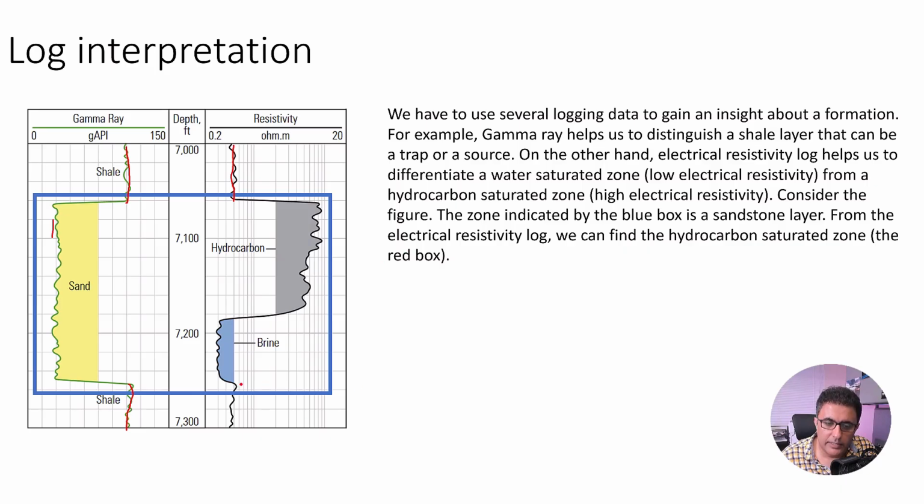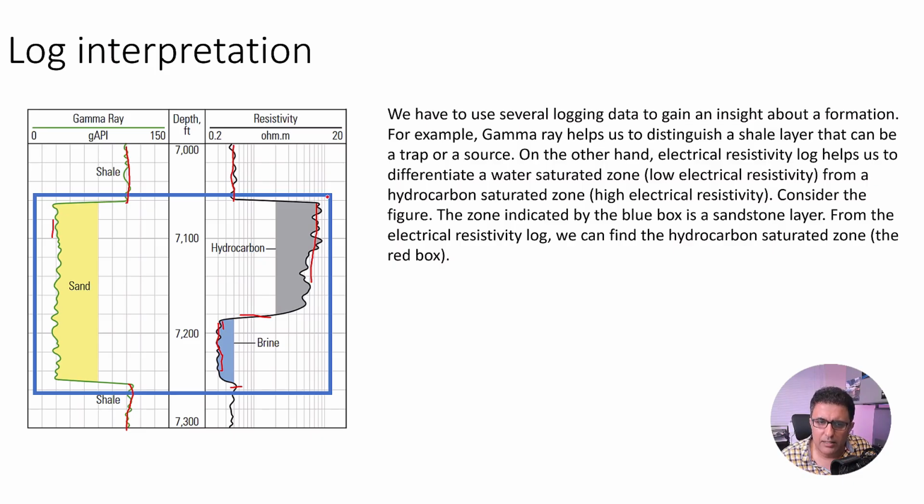And then here within our sandstone layer, we see two distinct zones. One zone that is at the bottom has extremely low resistivity, like about 0.2. And then the other zone that is here has very, very high resistivity, close to 20 ohm meter.